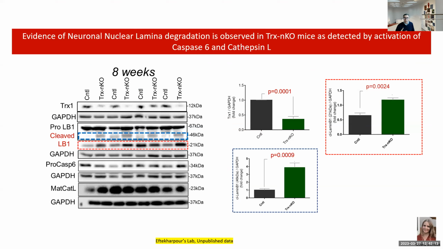Other markers of Alzheimer's disease we also tested using Western blot. Here is our thyroidexin. These are 8-week-old animals, in the hippocampus region. We homogenized the whole hippocampus and looked at it. What we can see here is an increase in cleaved lamin at 46 kilodalton, which is the caspase-6 signature.